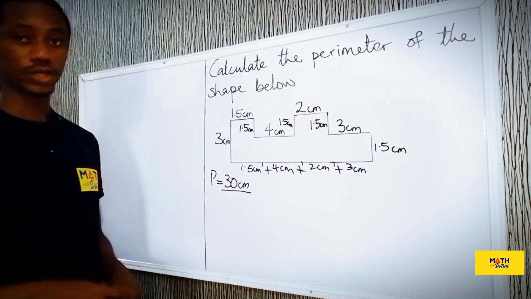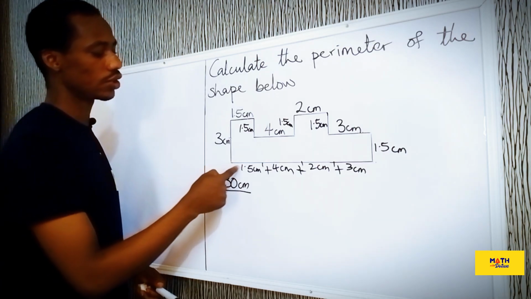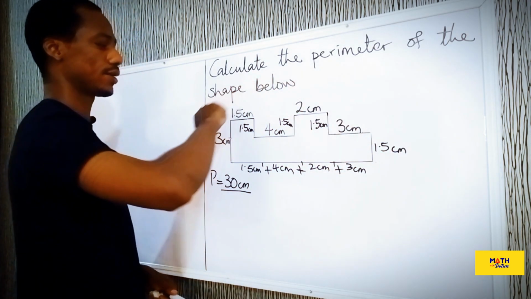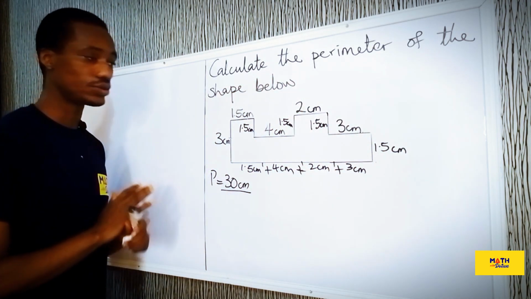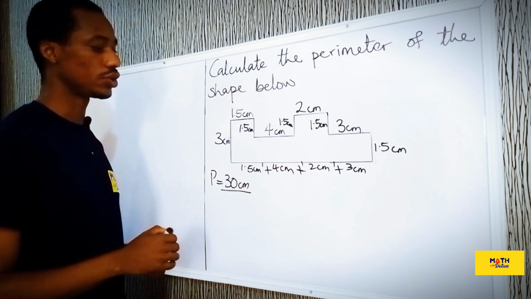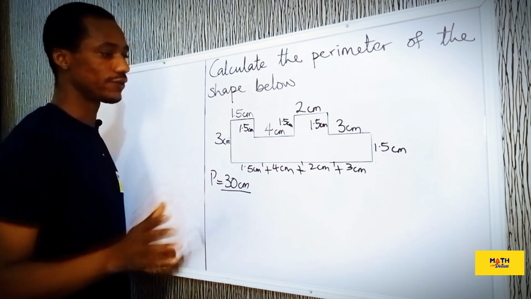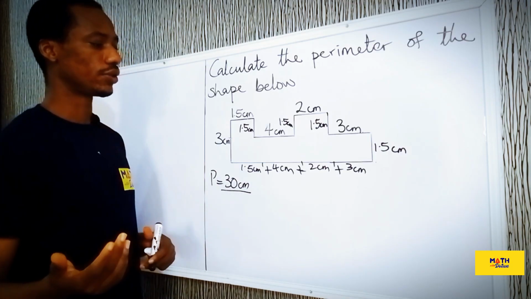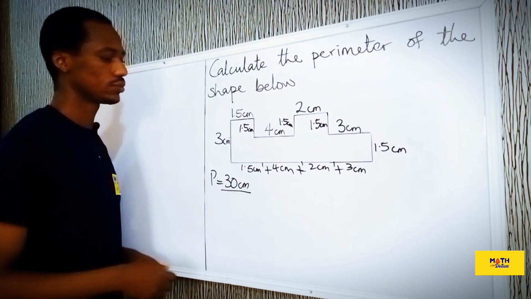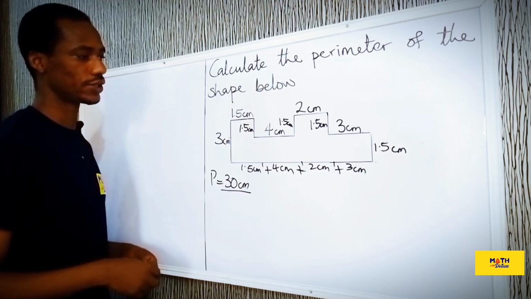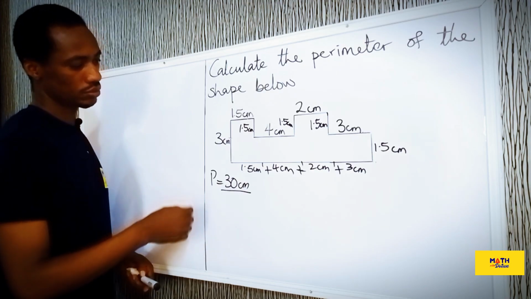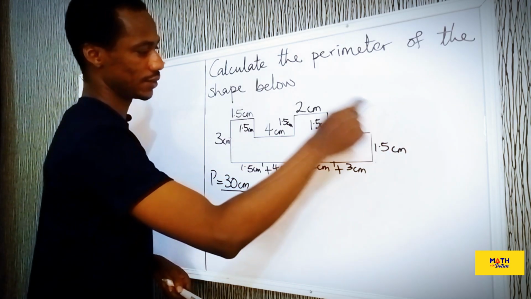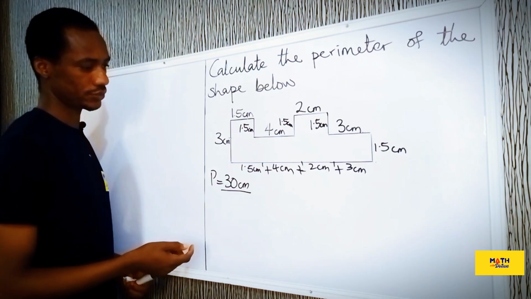To check your work, you can go back from this point, and you can do it in any way that is comfortable for you. You can decide to pick all the 1.5, pick all the 4s, pick all the 3s, and then go over it and you'll have your answer. So you can go back like this and see if you get the answer.